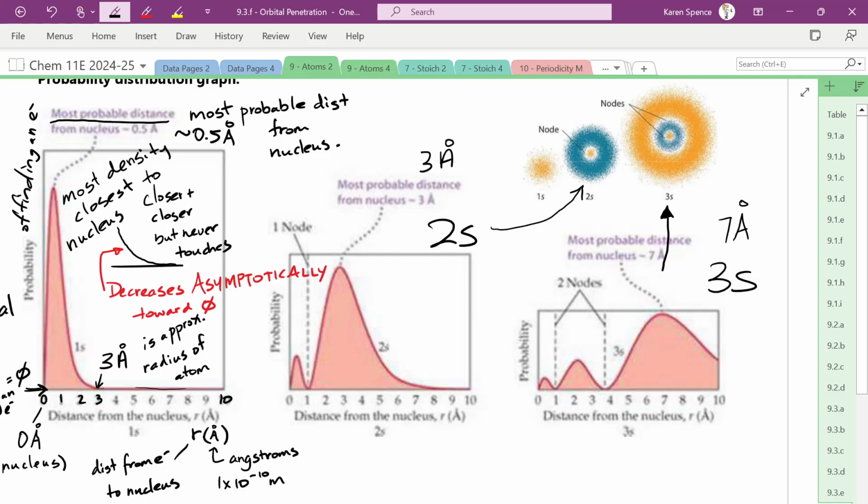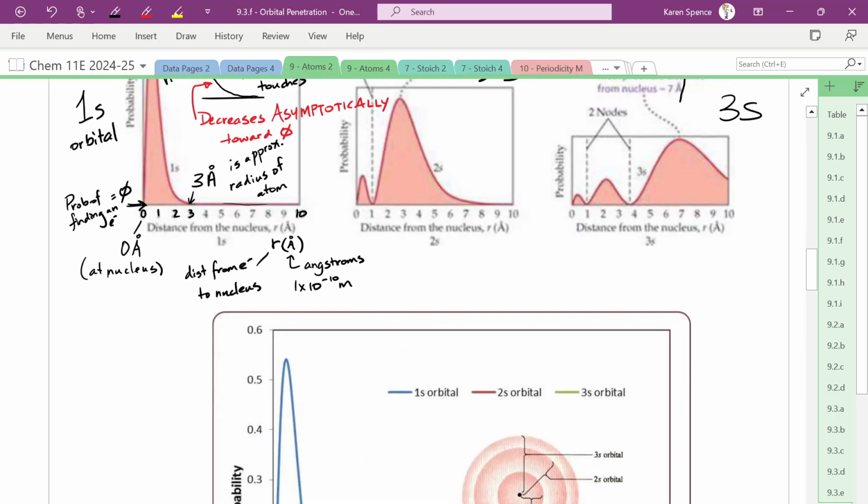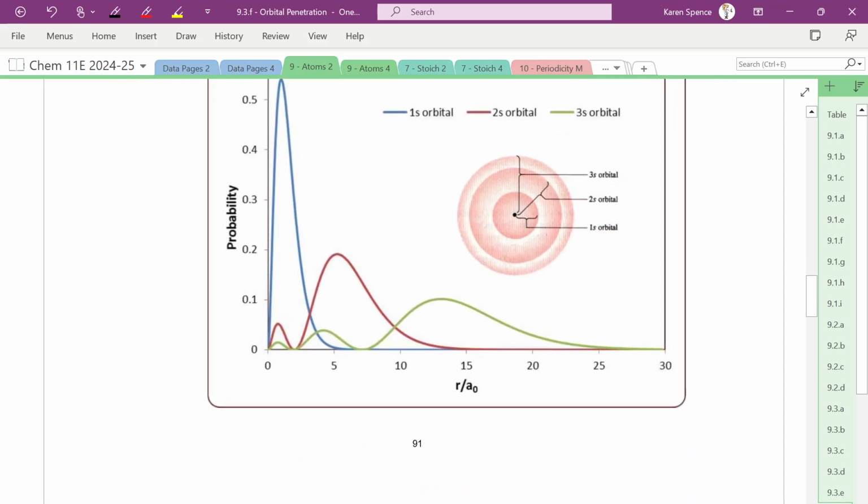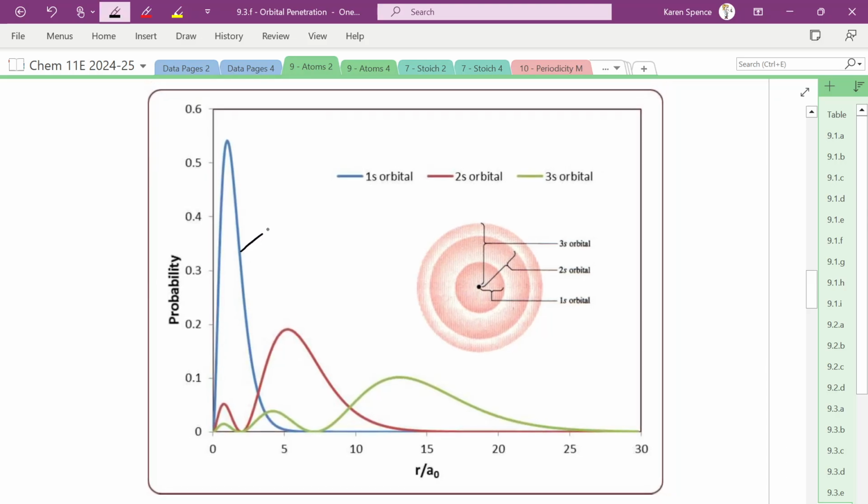Now, like I said, how much do you need to know of this? And then we can do fun things like overlap them all and show them all on one graph. Here's our 1s, here's our 2s, and here's our 3s.